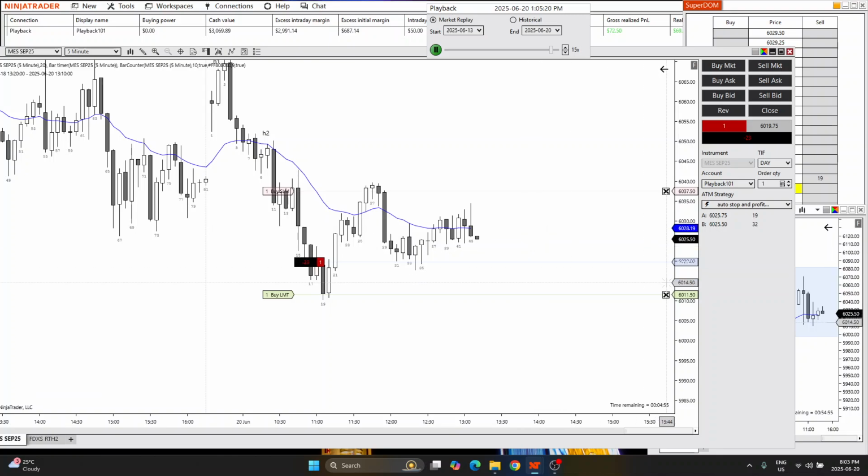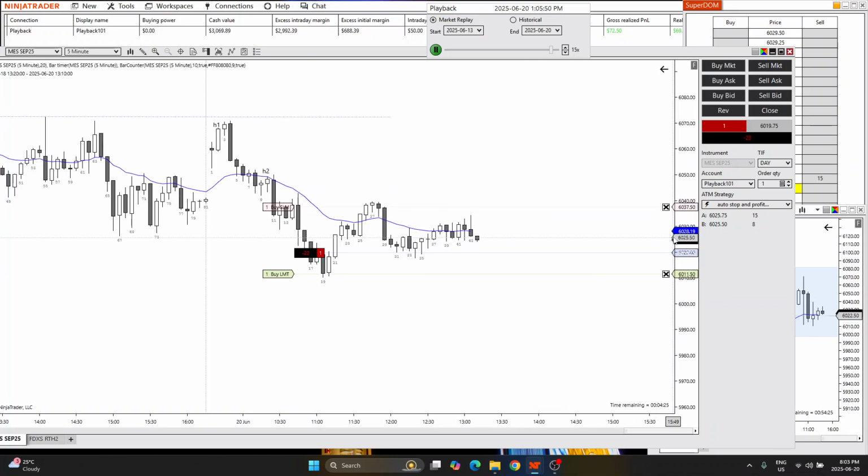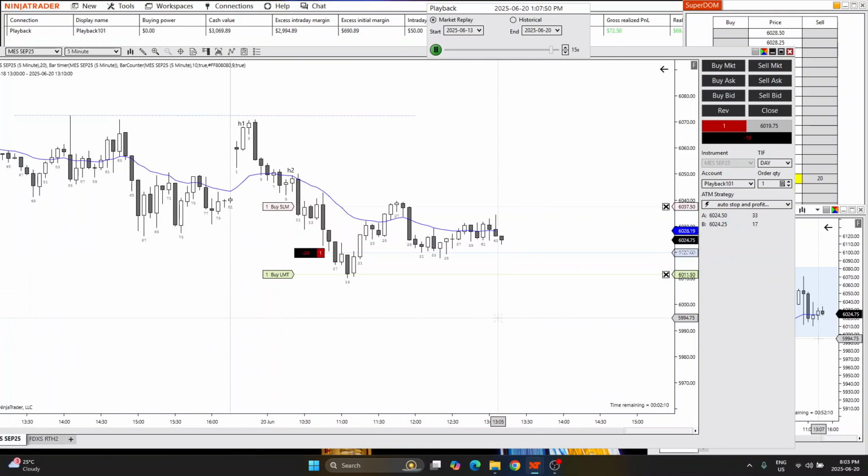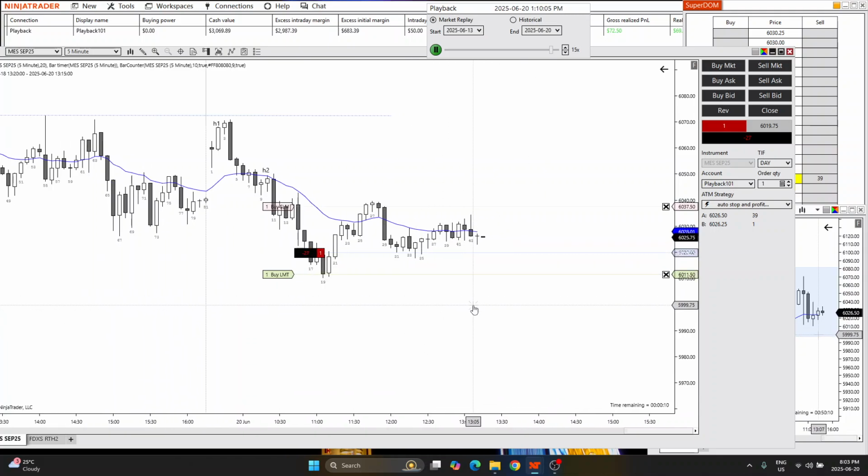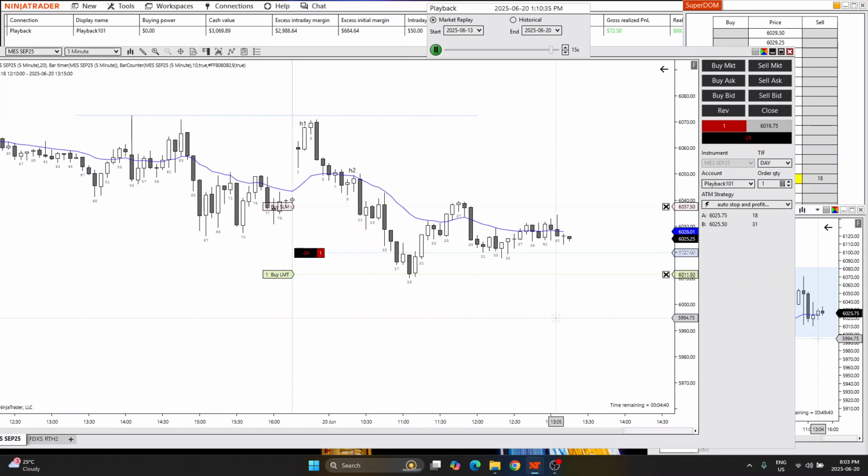Didn't. That was a long wait, like 50 minutes. We're still at a loss of 25 points, but I still think the market would test the bottom of this trading range, this bear channel, sorry.